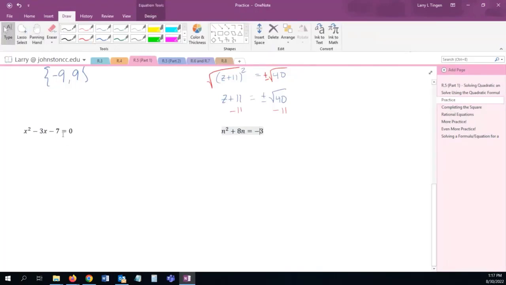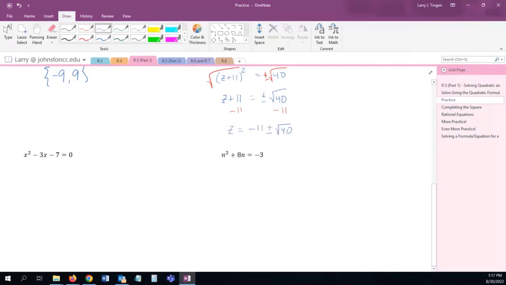And what have I got now? I now have z is equal to, and this is just the way I'm going to write it, negative 11 plus or minus the square root of 40.